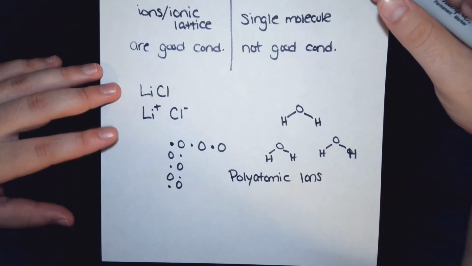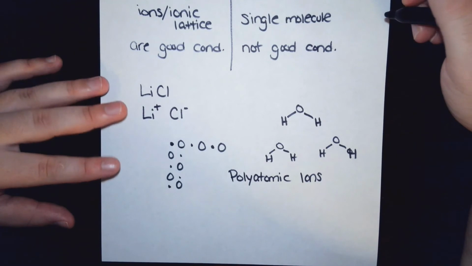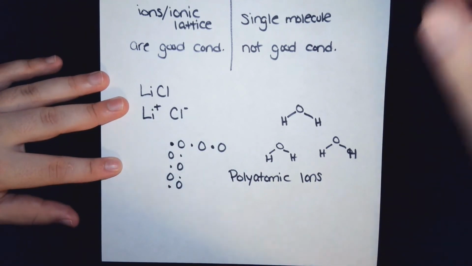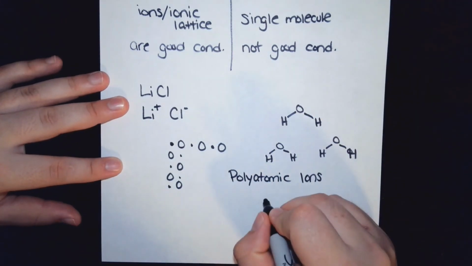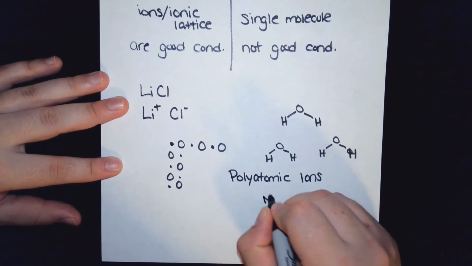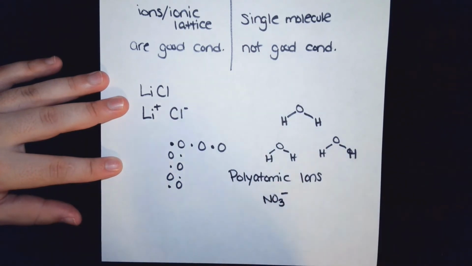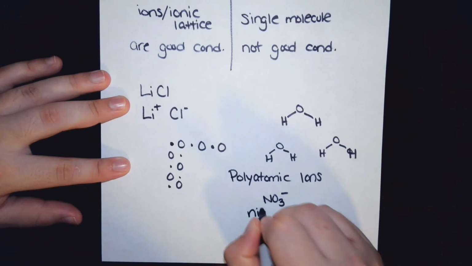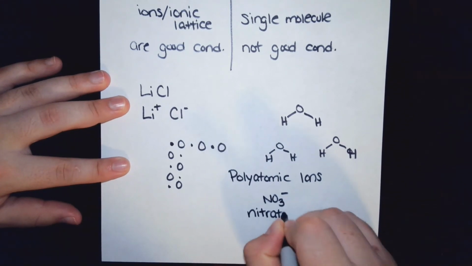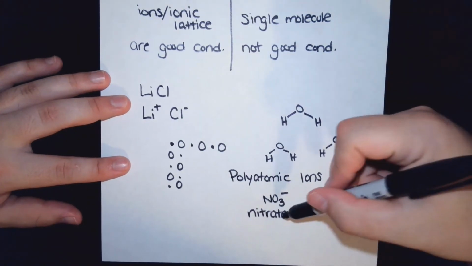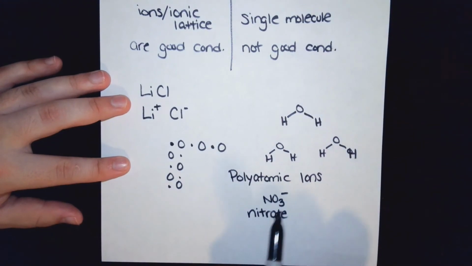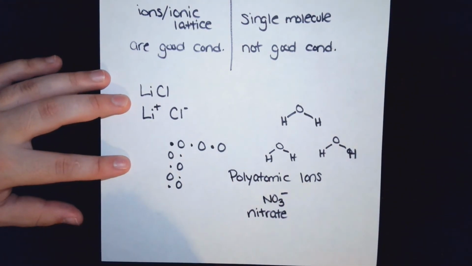You'll want to know their name, their formula, and their charge. Right? So I'll just use one for an example. Let's say we have NO3-. This is nitrate. The name of it is nitrate, its formula is NO3, and its charge is -1.